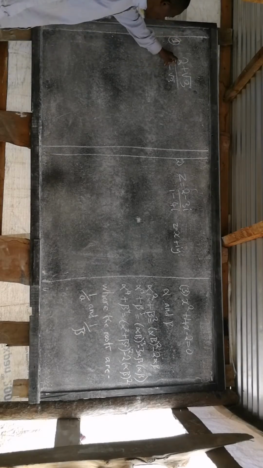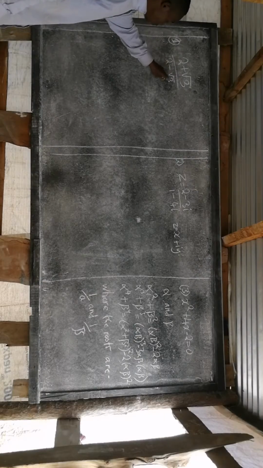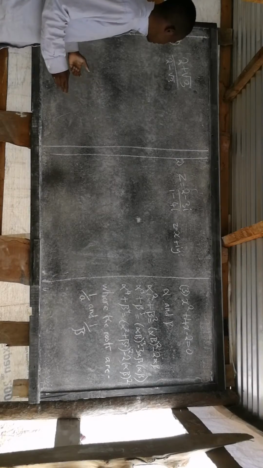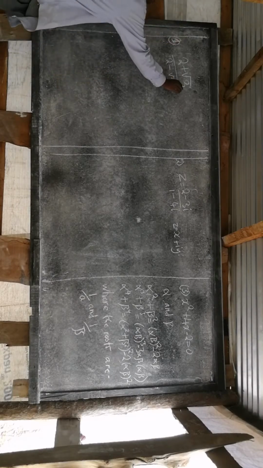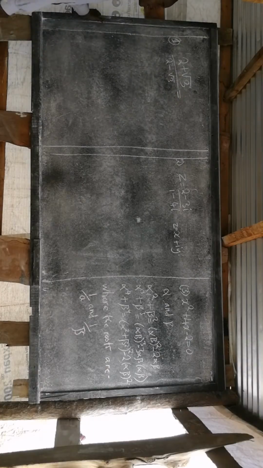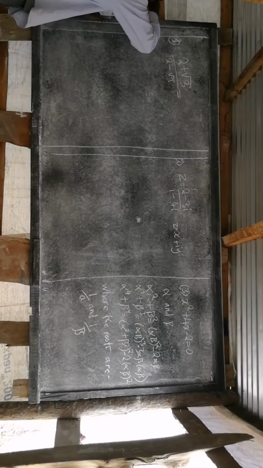So we have 2 plus the root of 3 over 2 minus the root of 3. So this is in terms of what? A surd. So what should you do here? Here it's simple and easy. What should you do when I've given you this question?